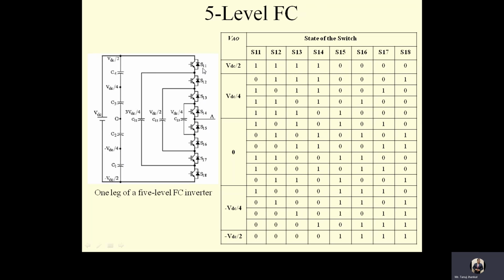So as soon as I turn off this, I have to turn on S15. So now I will move from A point to S15, then from S15 I will come to C13, where I will observe a voltage of minus VDC by 4.